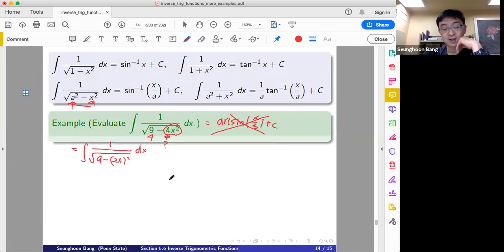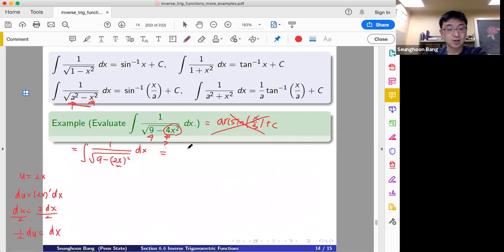The next, what is u? u equals the inside, 2x. du is 2x prime dx, so du is 2 dx. Divided by 2, we have 1 over 2 du equals dx.